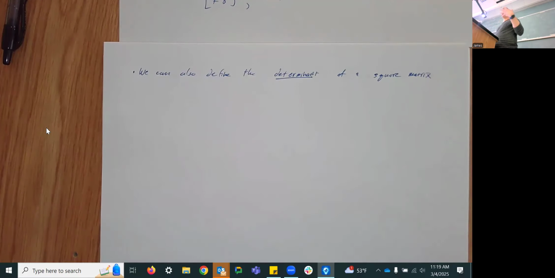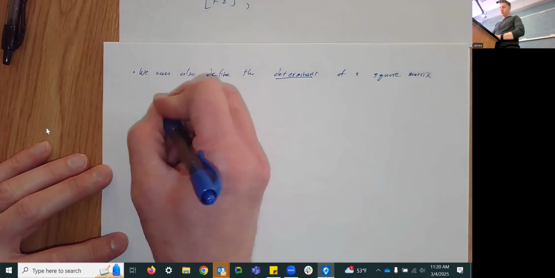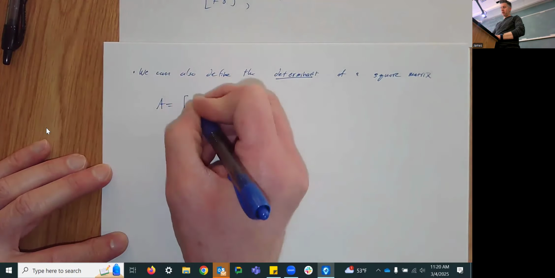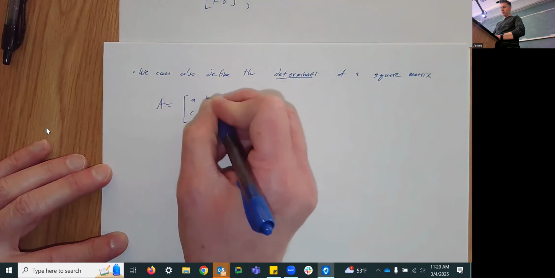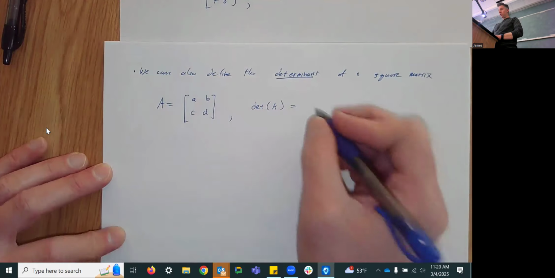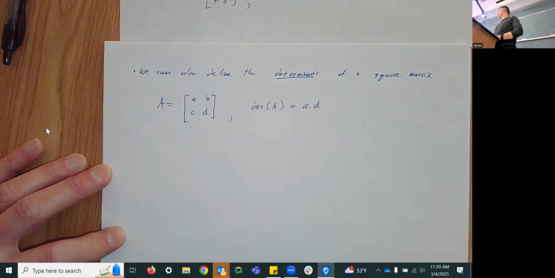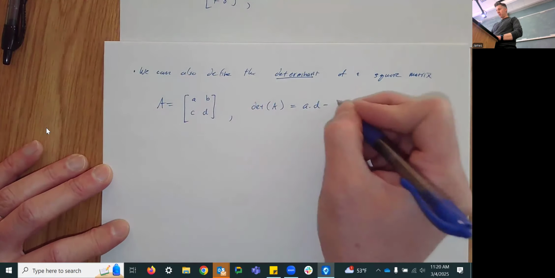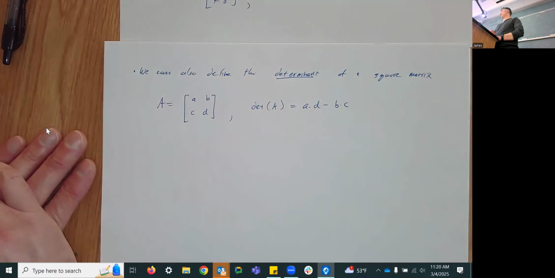For any size matrix, you can calculate the determinant, but it gets harder the larger the matrix gets. For small enough matrices, specifically 2 by 2 and 3 by 3 matrices, there is a convenient formula we'll talk about. So if A is a 2 by 2 matrix, A, B, C, D, the determinant of A is equal to the product of the diagonals, A times D, minus the product of the off diagonals, B times C.